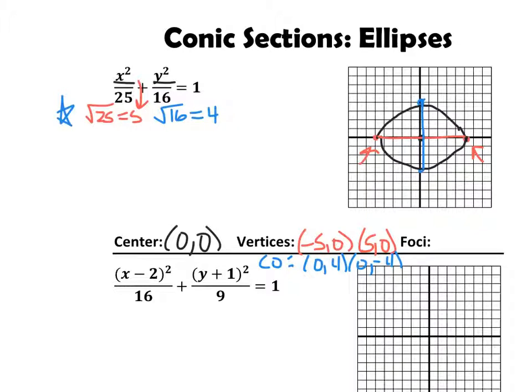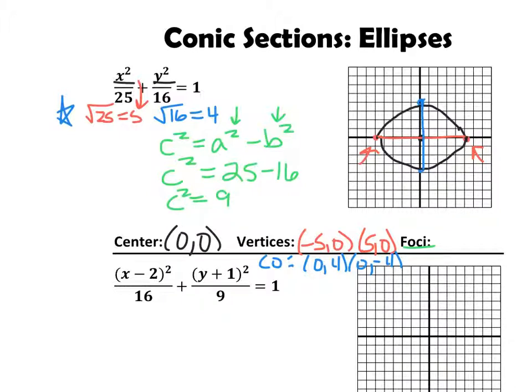So now we're going to find the foci. To find the foci for an ellipse, we use c squared equals a squared minus b squared. These a squared and b squared are just from your denominators. I need it to be positive, so put the bigger number first. 25 minus 16. So c squared equals 9, so c equals 3.